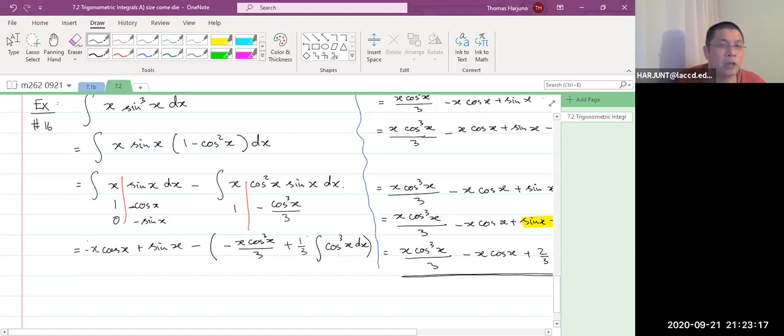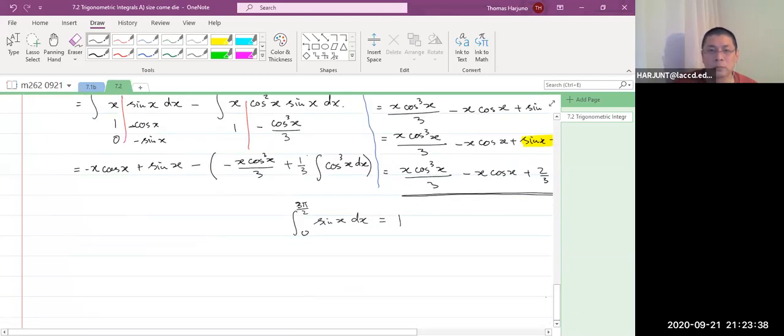Now here and there, I try to teach you a little shortcut. For example, remember this one: the integral from 0 to 3 pi over 2 of sine x dx. What is this equal to? This is equal to 1. Why? Because sine x looks like this.